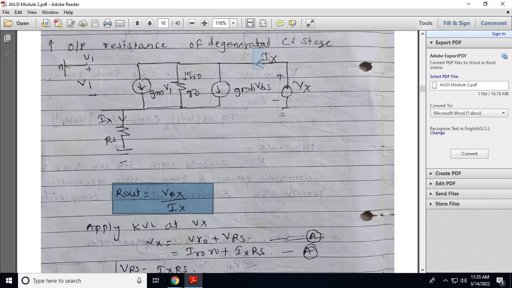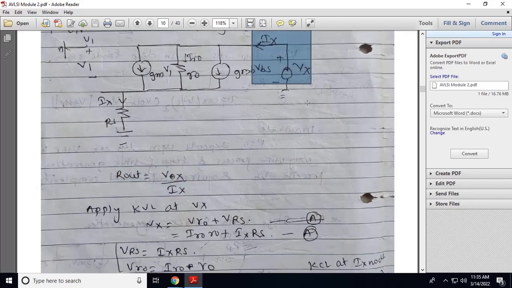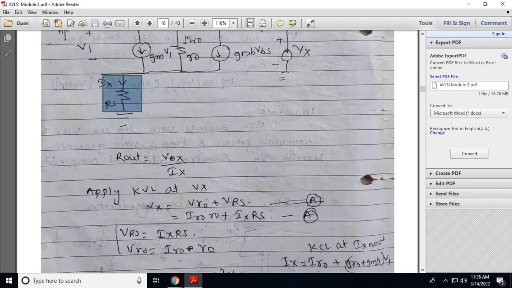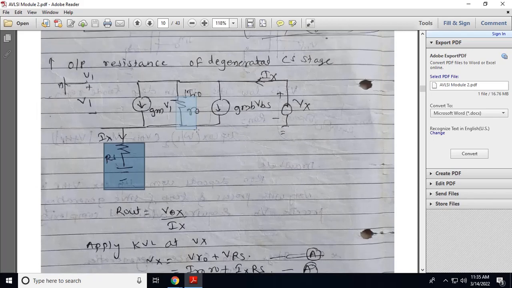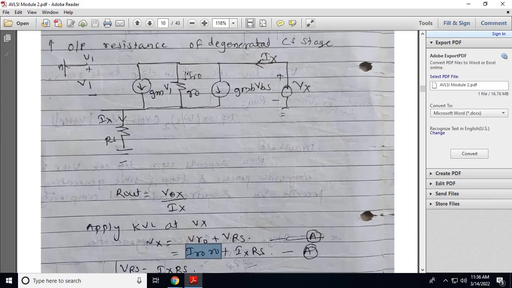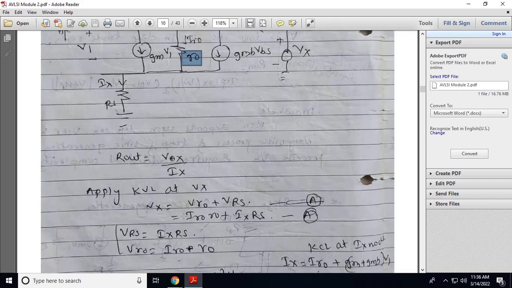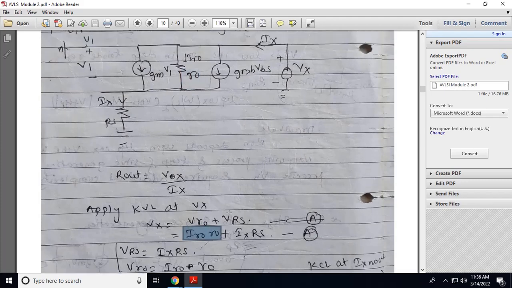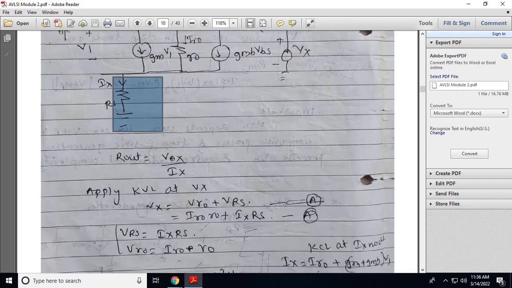So apply the KVL at Vx. Vx is equal to drop across R0 plus drop across RS. So the voltage across R0 is IR0 into R0, where IR0 is the current which is flowing through R0, plus the voltage across RS, which is Ix into RS.